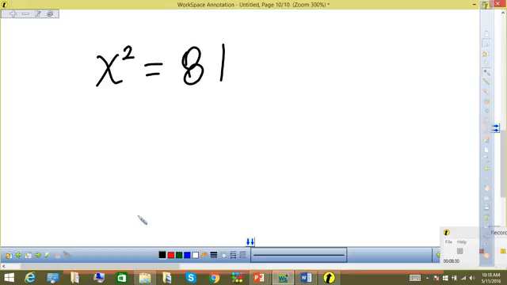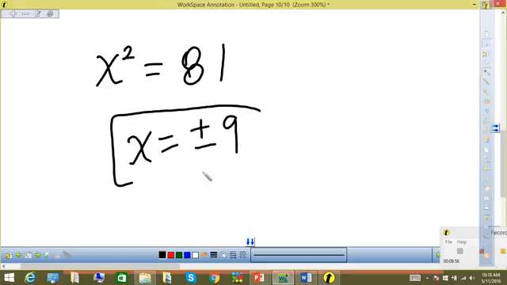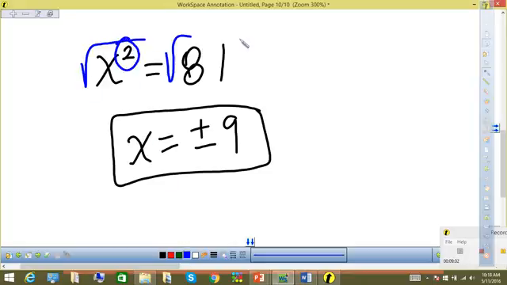All right. What'd you get for this one, Naila? x equals plus minus 9. Have you got that? That is correct, once again, because in order to cancel this square, we take the square root of each side, and that's how we get this.